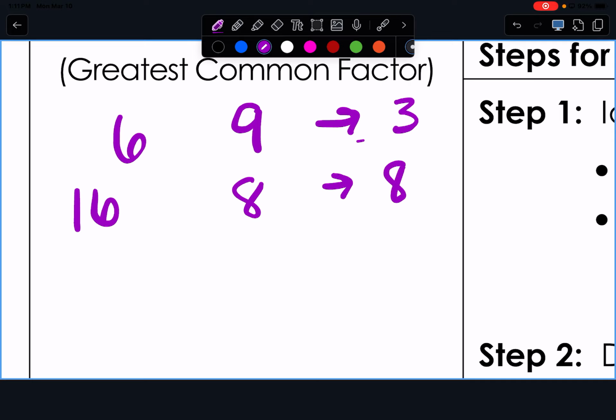If I give you 24 and, actually, I lied, I'm going to do 18. What's the GCF? 6. All right, so we're finding the biggest number that goes into both.